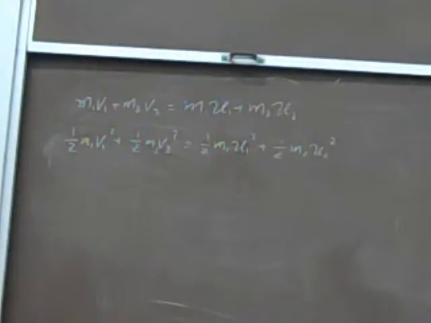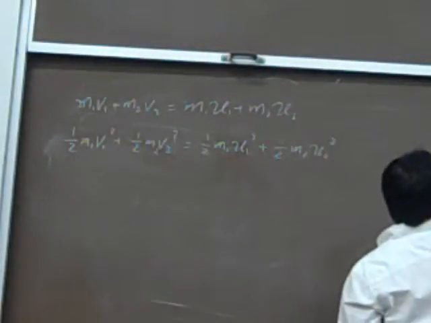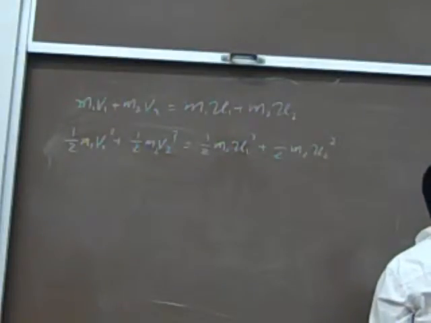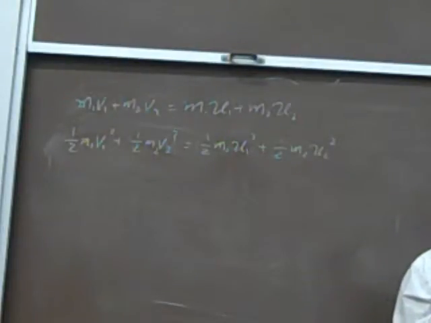Now we use the two equations, solve them to calculate the coefficient of restitution, C. So we want to calculate C equals U2 minus U1 divided by V1 minus V2.